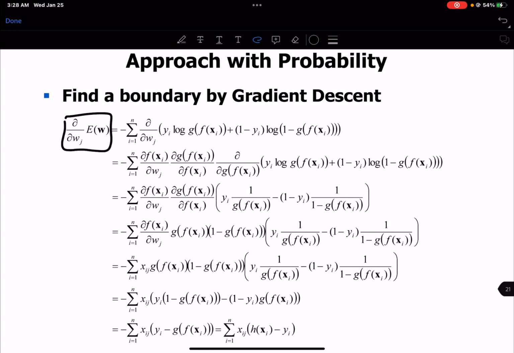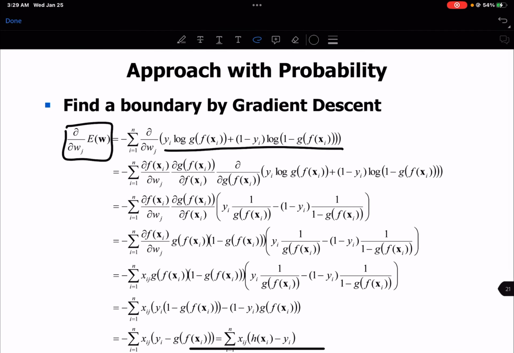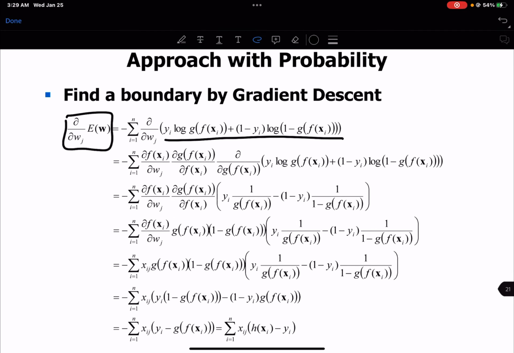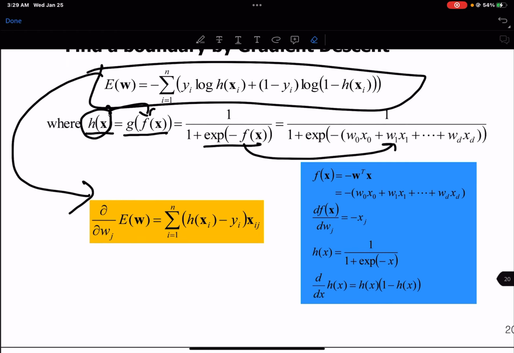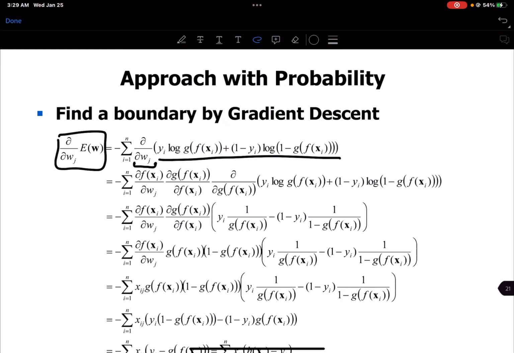Okay, we are going to take the partial derivative of our error function, and this is the structure of the function that we got here, where h of x is your classifier. So h of x can be represented as g of f of x_i, right? Log of g of f of x_i. h of x_i can be represented in this form. We take the derivative with respect to w, and of course this is the chain rule.